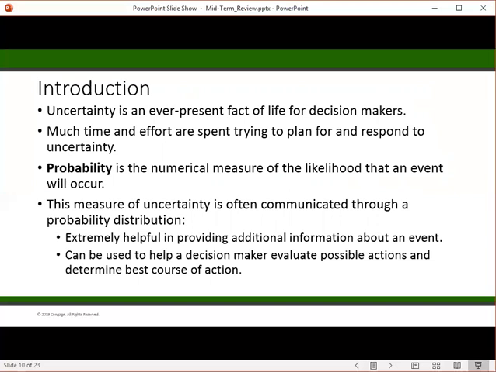In our chapter on probability, we went over that uncertainty is something that we always will have in our business decision making, and therefore we'll be dealing with probability, which is a numerical measure of the likelihood that an event will occur.